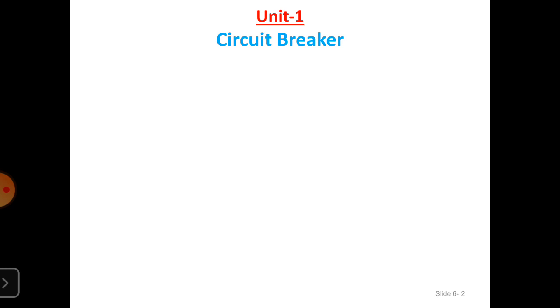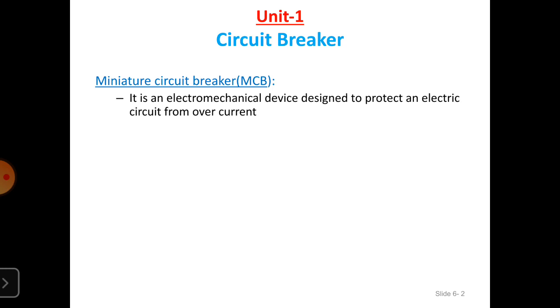Okay, understand? Next, the circuit breaker is used to switch the electrical circuit on and off manually and automatically when overcurrents are obtained in the circuit. It is also known as a miniature circuit breaker, that means the MCB.